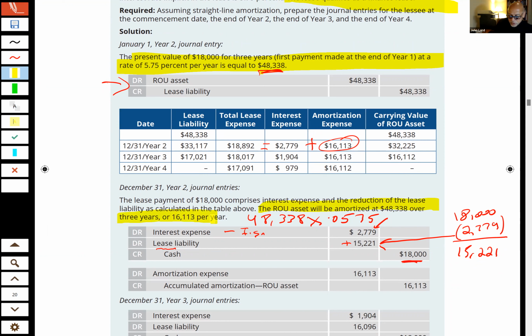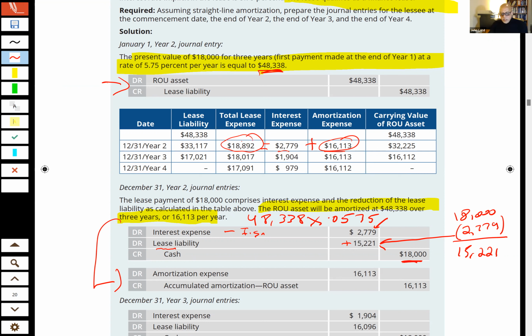Over 3 years. So the 48,338 divided by the 3 years gives me that $16,113. So when you take the amortization expense plus that interest expense, that would be how you'd calculate the total lease expense.